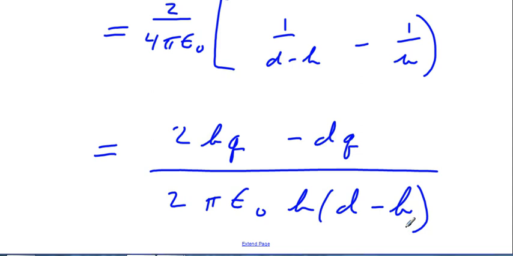Okay, looking at number 34. Three point charges are arranged in the corners of a square of side L as shown. What is the potential at the fourth point?